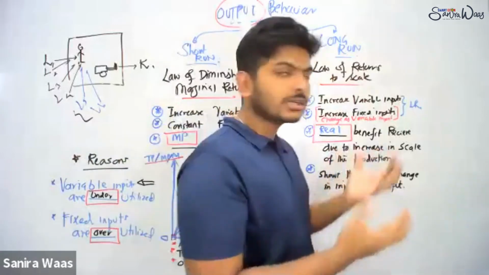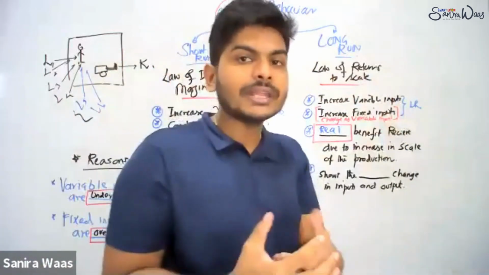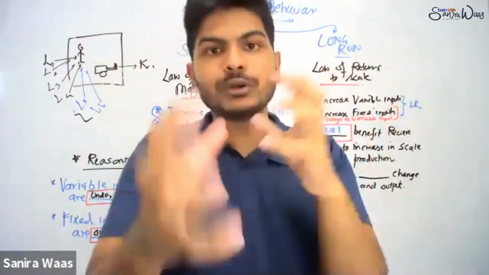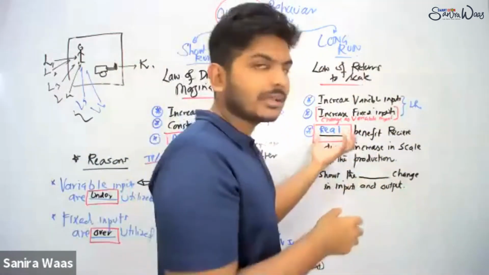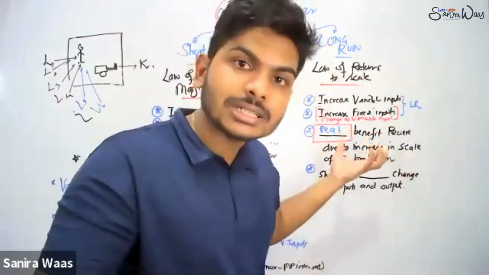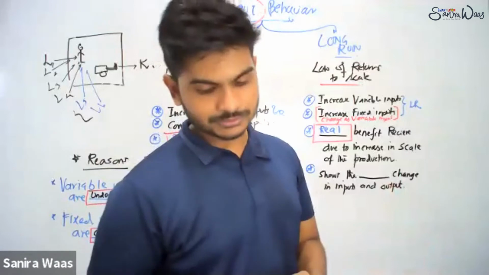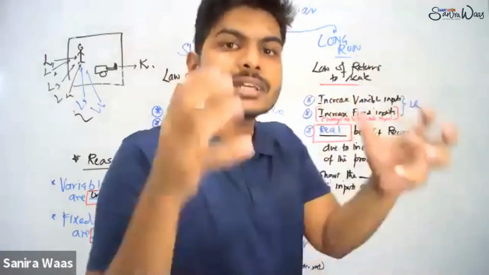But output is why we call it a real benefit. Output is real, cost is financial benefit. That is how these dots are connected.